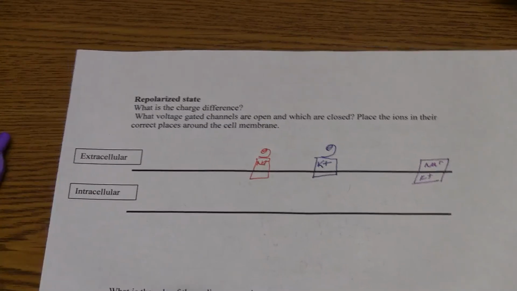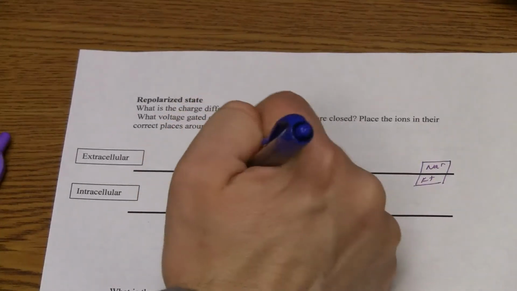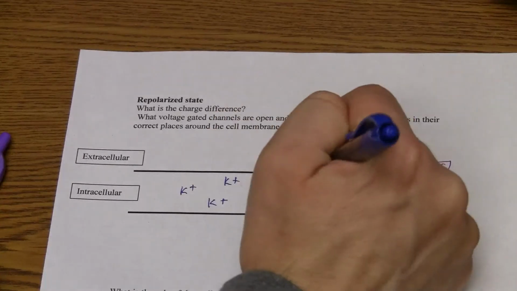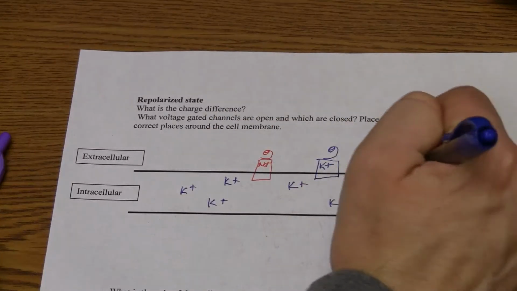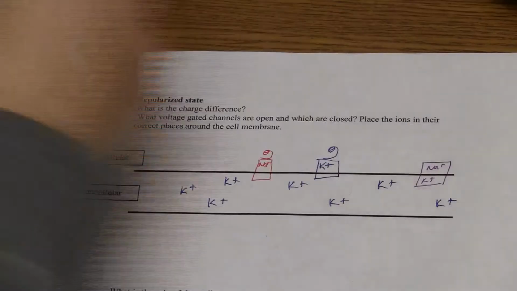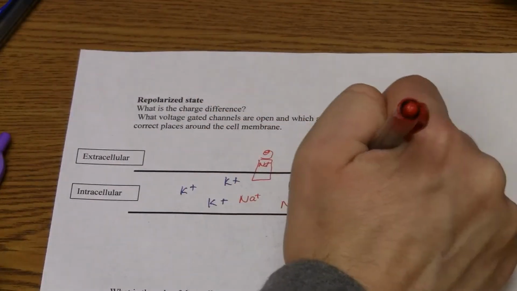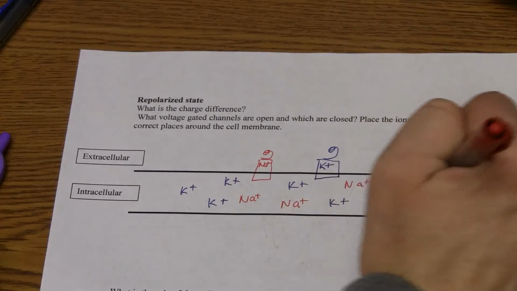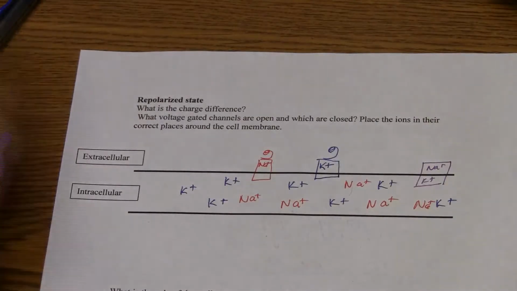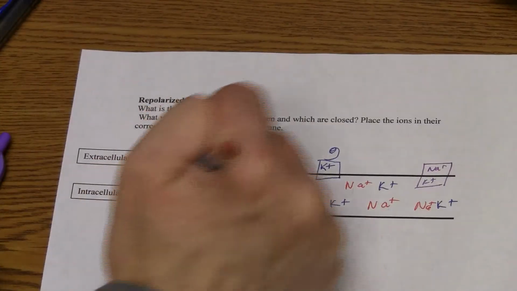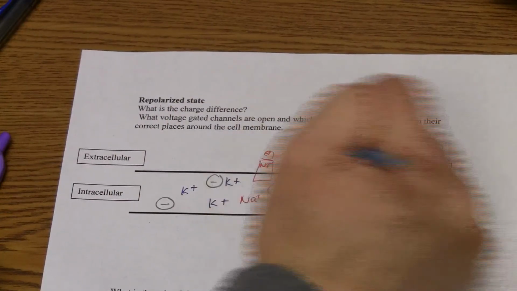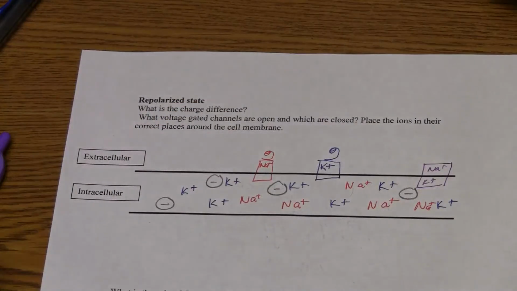As far as where we left off, we had a lot of potassium inside the cell after depolarization. And we also had all that sodium that had rushed in, so we'll put those in here as well. We still have our negative proteins, which never do leave the inside of the cell.